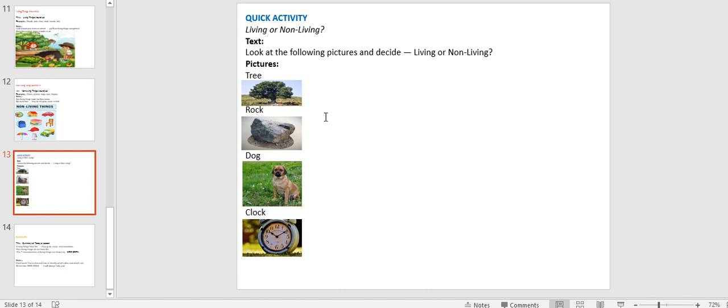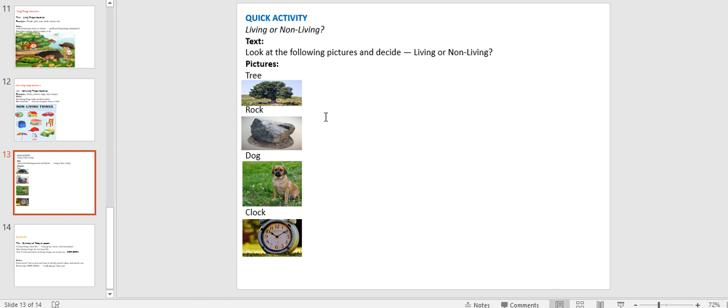Let's get to a clock. I'll give you another 10 seconds so that you can tell me if a clock is a living or an unliving thing. Is a clock a living or an unliving thing?